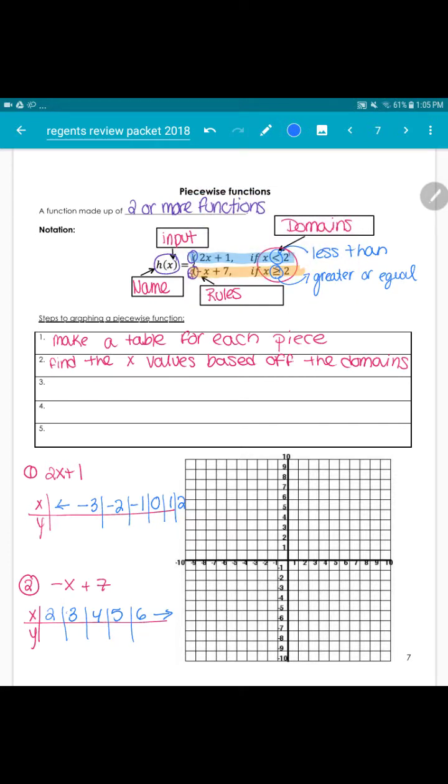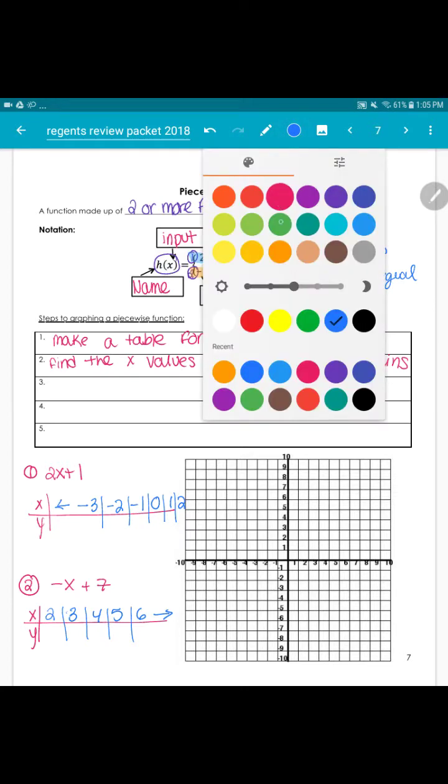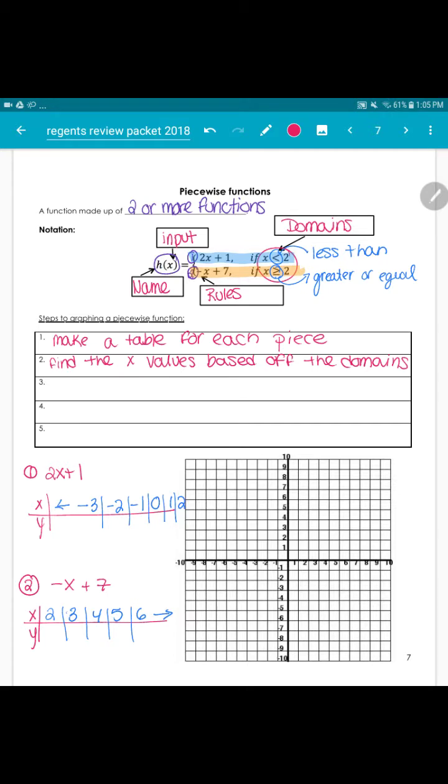All right. Step 3. Does the domain have an open or closed circle?